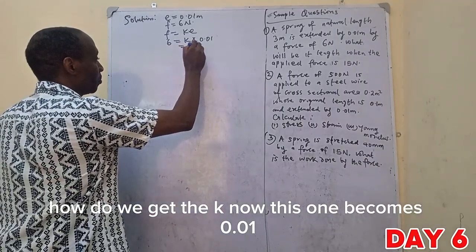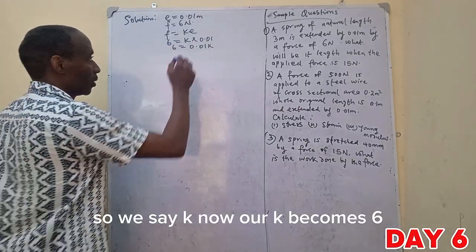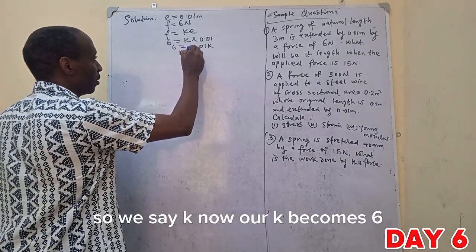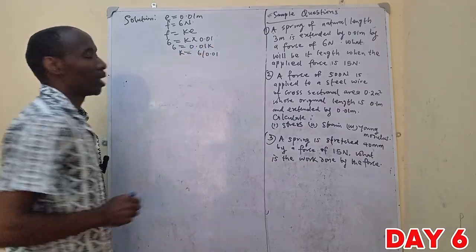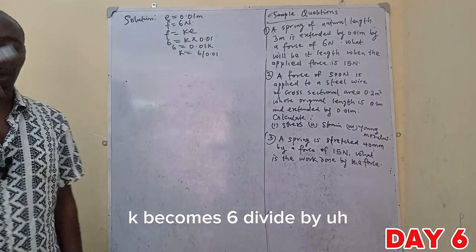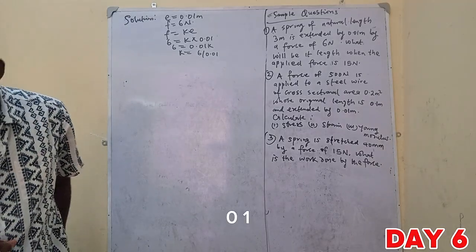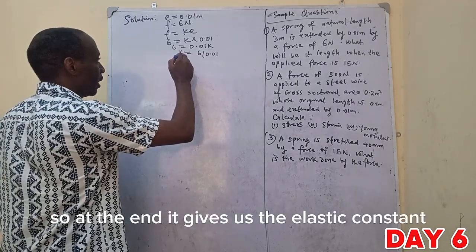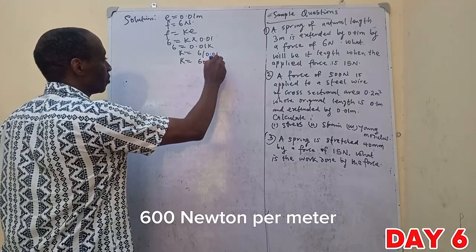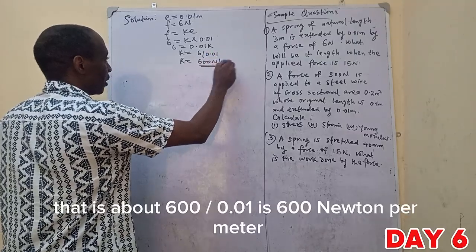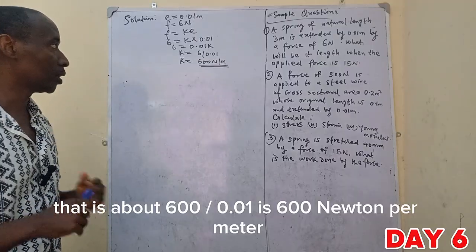This becomes 0.01 K equals 6 Newton. So our K becomes 6 divided by 0.01. At the end, it gives us the elastic constant, or the force constant, which is 600 Newton per meter. That is the value.